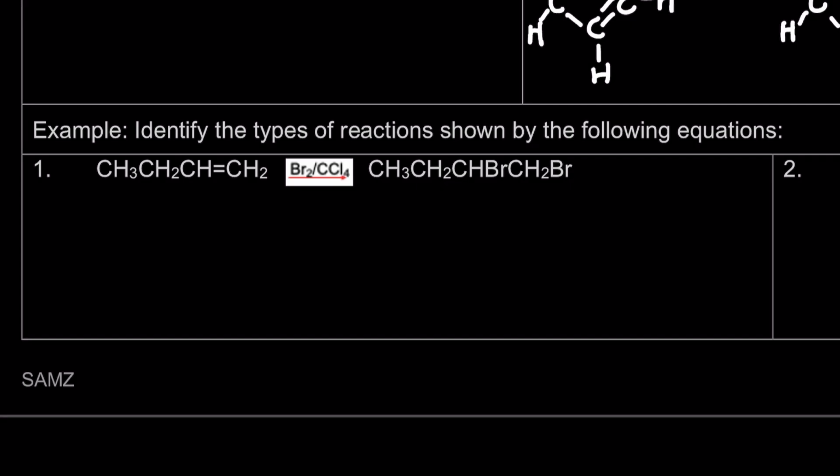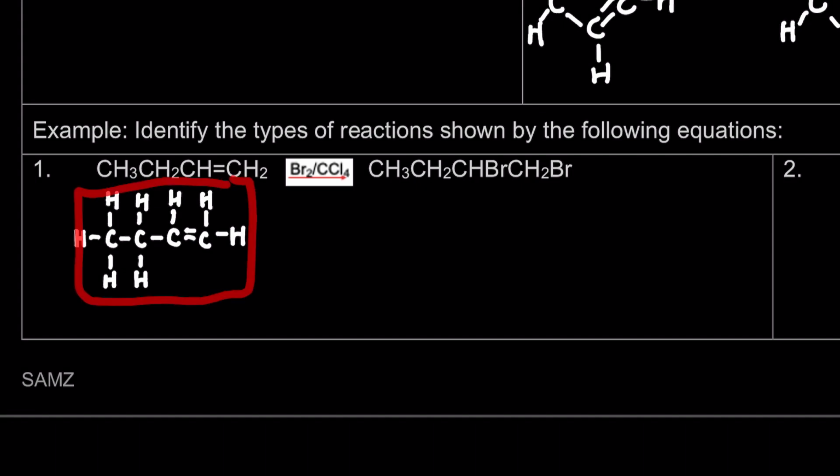Example 1 here has 1, 2, 3, 4 carbon, and there is a double bond between carbon number 3 and 4. Make sure that each carbon only has 4 covalent bonds, which is bonded to the hydrogen. So this is the expanded structure for the reactant itself.